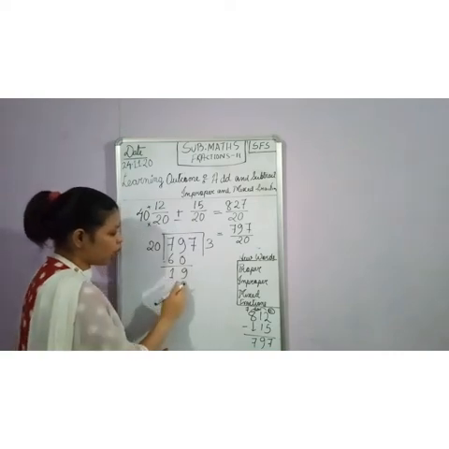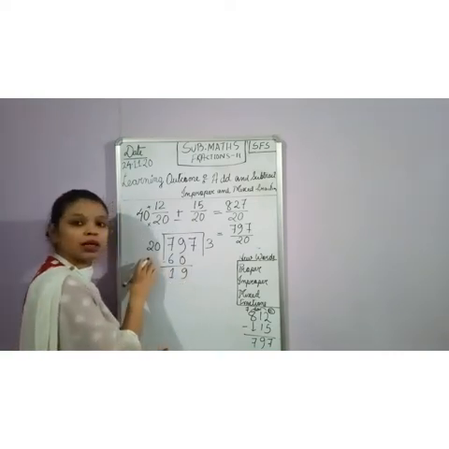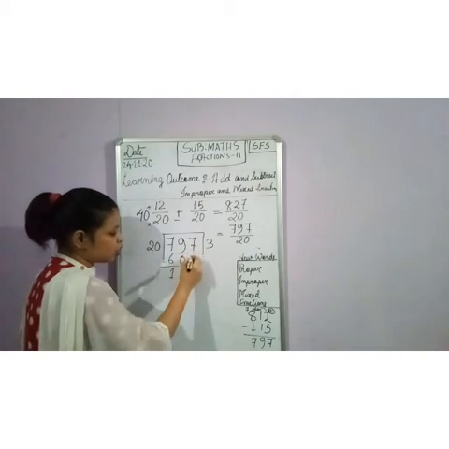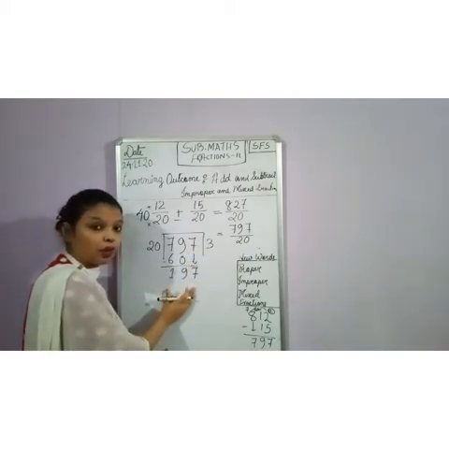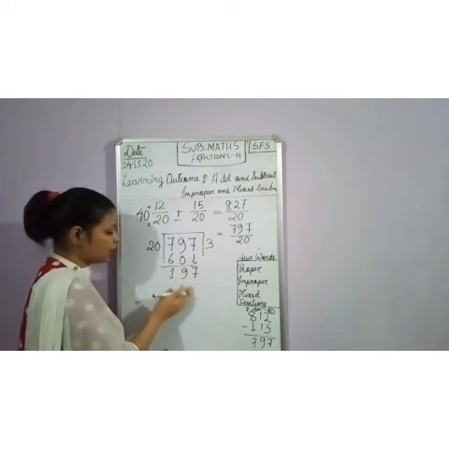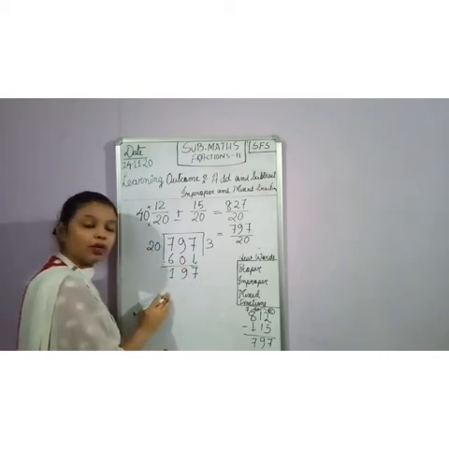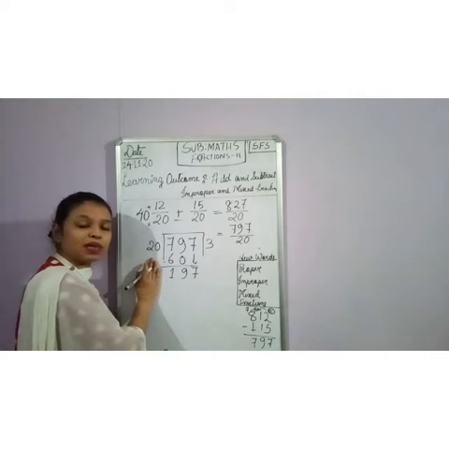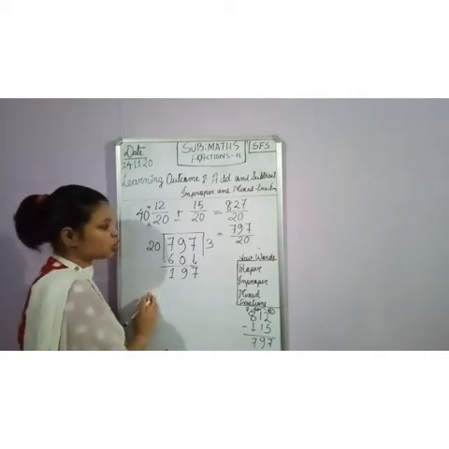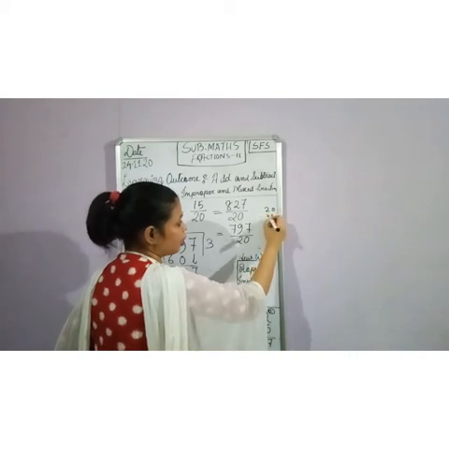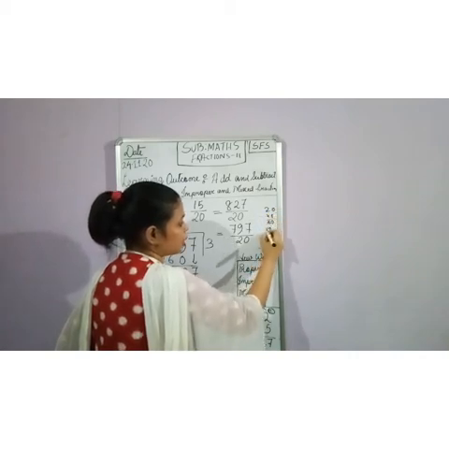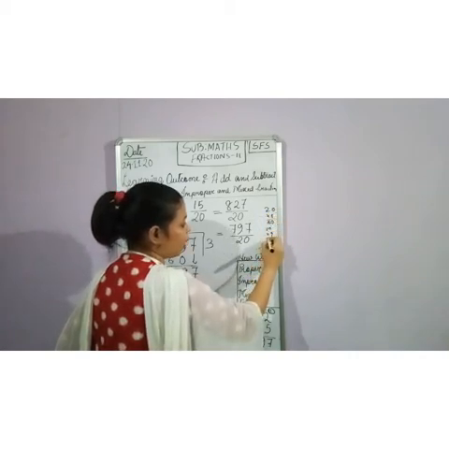So what I got is 19, which is smaller than the divisor. So this 7 will come down. Now we have a bigger number here, 197. Which is the number closest to or equal to 197 in the multiplication table of 20? 20 into 8 is 160, 20 into 9 is 180.